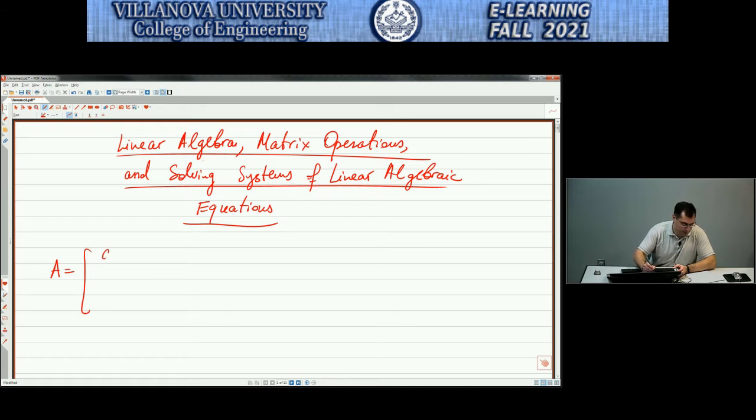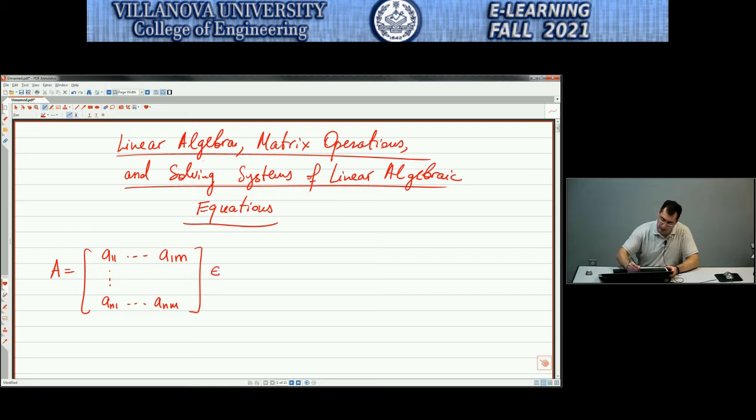Matrices can have not necessarily equal number of rows and columns. So for example, this matrix has n rows and m columns. The way to say it mathematically is this: A belongs to the class of matrices that are n by m, n rows and m columns.